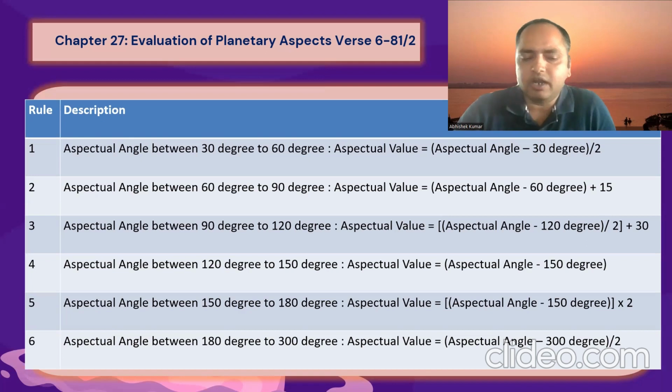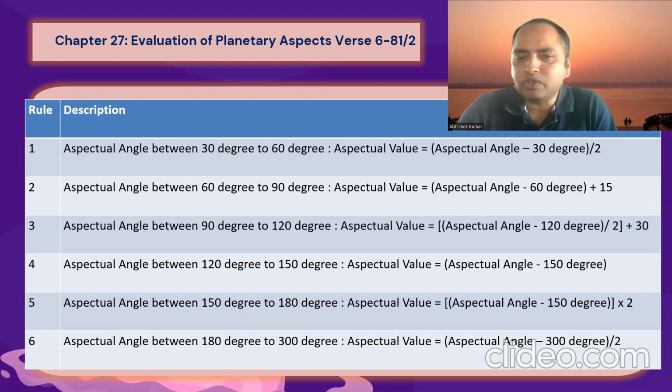So coming back to the third rule, for the aspectual angle between 90 degrees to 120 degrees, you subtract 120 degrees from the aspectual angle, then divide the resultant by 2, and then add 30. That will give you the aspectual value. Then you get a number.